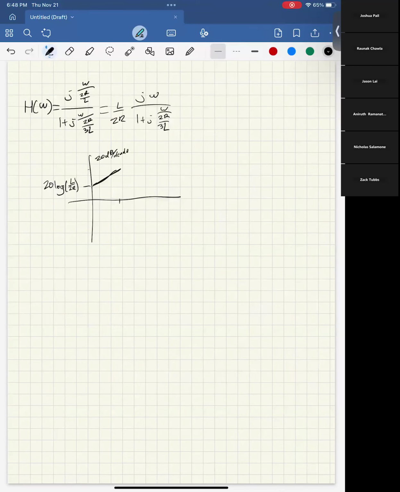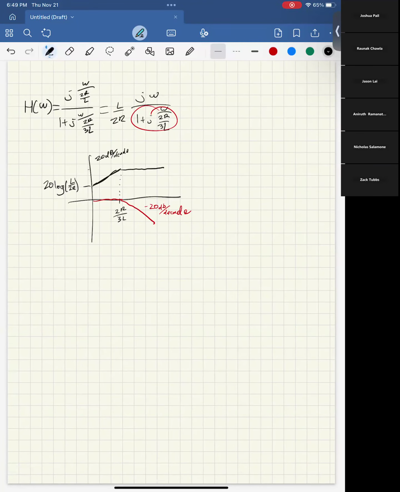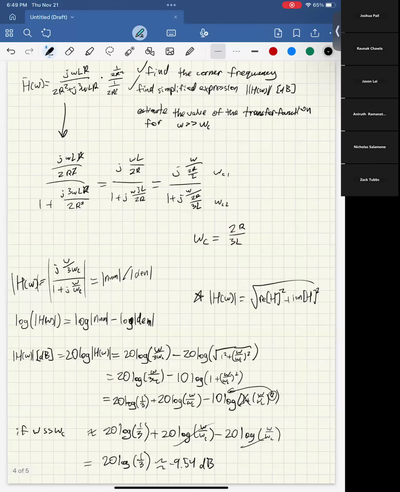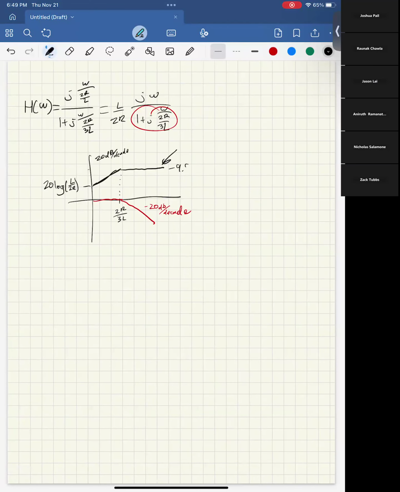And then when we get to whatever 2R over 3L is, you can think of it as another graph going down at negative 20 decibels per decade. And that's represented by this term. Then when you add these together, you'd end up getting a graph that looks like that. And this here would be your value for omega much greater than omega c, and that would be your minus 9.54.